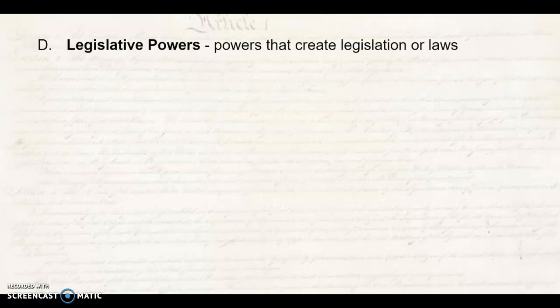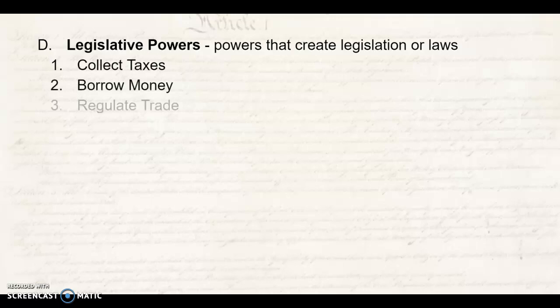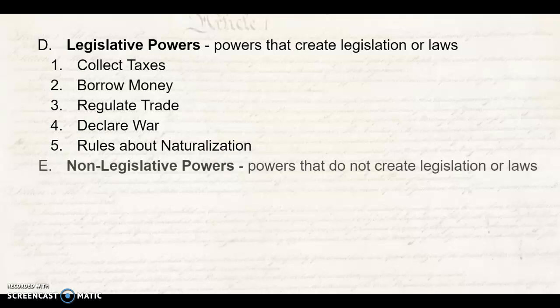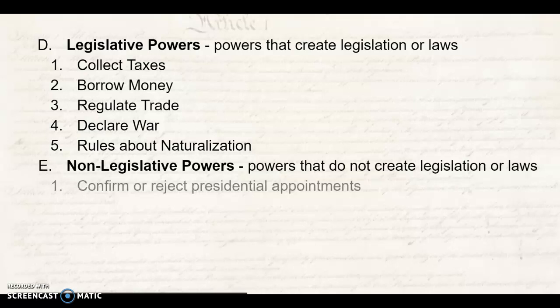Legislative powers are powers that create legislation or laws. For example, collecting taxes, power to borrow money, regulate trade, declare war, rules about naturalization. Non-legislative powers are powers that do not create legislation or laws.